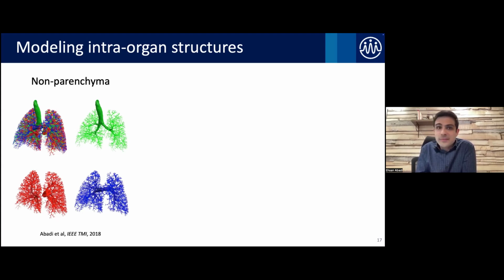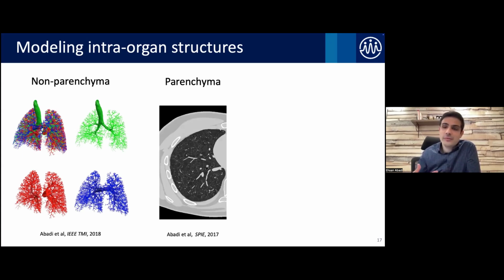So some of the work that we have done is on how we can create these anatomical models based on anatomy and then based on morphometry of these organs, to create very detailed intra-organ structures so that you can use them for image quality assessments if very tiny vasculatures or airways are needed in your imaging experiments.